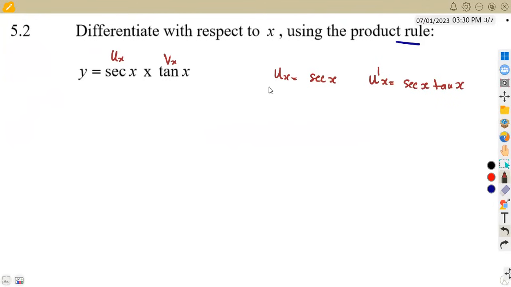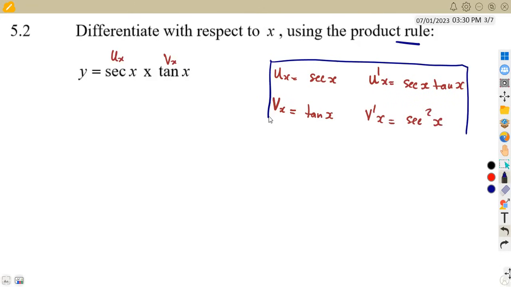This one is just direct. All right. Then we move on to v(x). So the v is the last part here, which is tan x. Also, the derivative of tan x we are given in our formula sheet. Remember, it's sec squared x. So these are the derivatives and the original functions that we have.